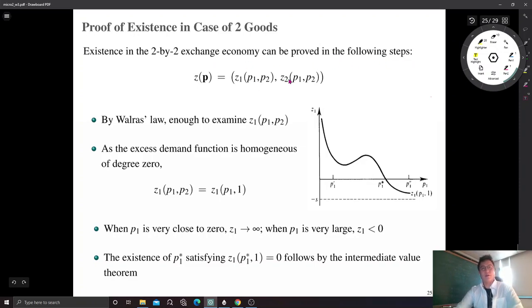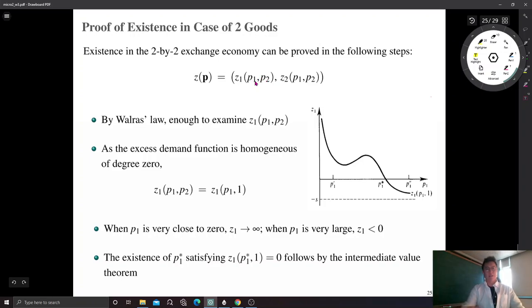Because there are only two goods, the excess demand function has just two components, Z1 and Z2: the excess demand for good 1 and the excess demand for good 2. And because there are two goods, the price vector is also a two-dimensional vector, P1 and P2.